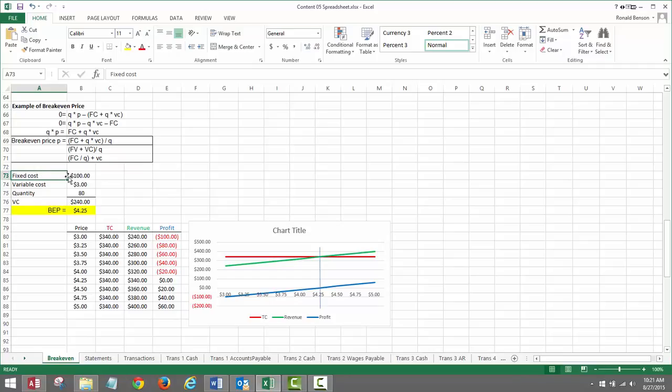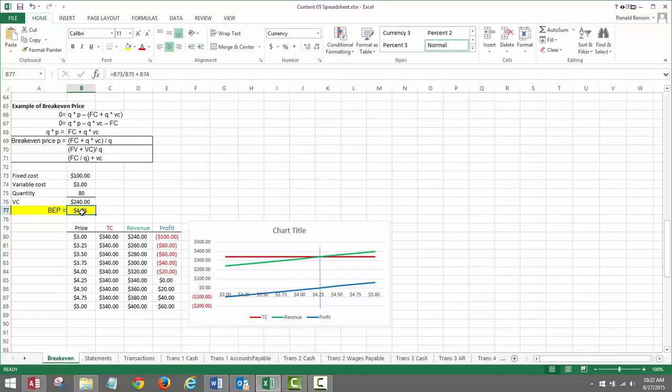So let's do an example. If we have fixed costs of $100, variable cost is $3, and the quantity is, say, 80, the total variable cost is $3 times 80, $240. So we can do this by B73, the fixed cost divided by the quantity, B75, which is, click on here and then they'll light up, it's 80, plus the B74, which is the variable cost, that's the second equation here, and the result is $4.25.